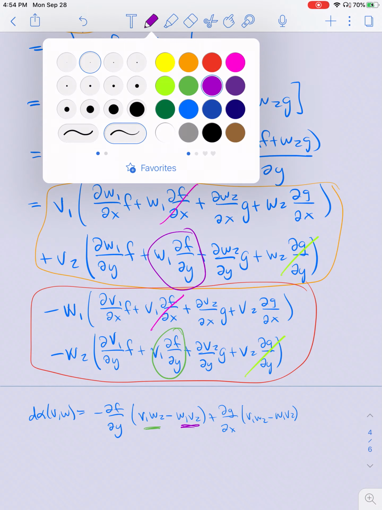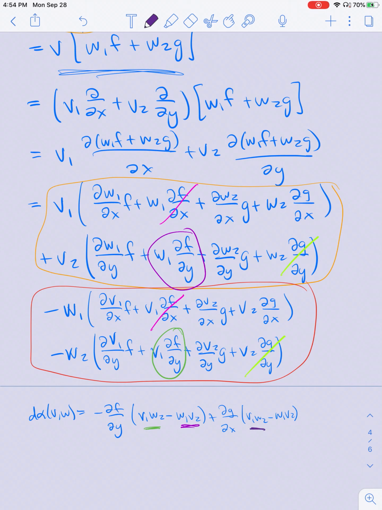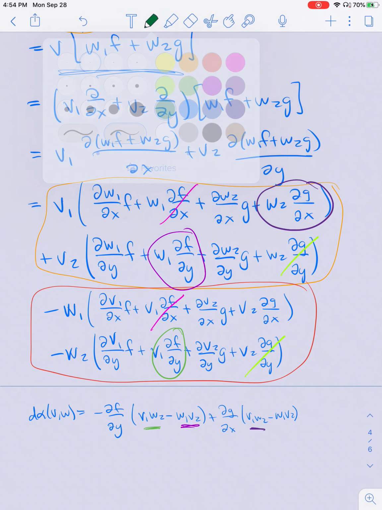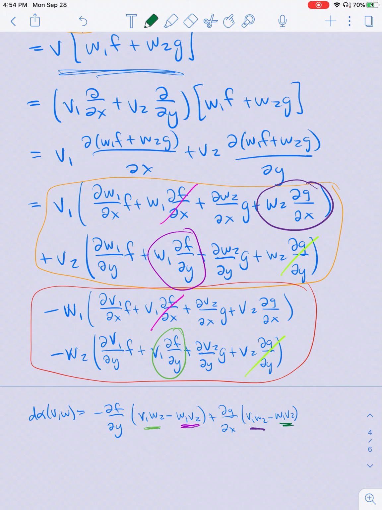And then going through this term, dg dx, v1, w2, right here is okay. And then last but not least, this negative w1, v2, dg dx term right there is okay.